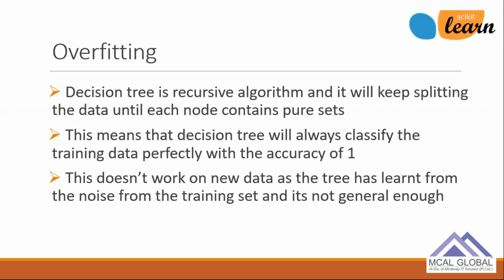And this doesn't work on new data, as the tree has learned the noise from the training set and it's not general enough. If you have tried your best to fit the tree and gone to a training accuracy of 1, you get a new test and you will completely fail. It's kind of like the analogy from what we did in regression.